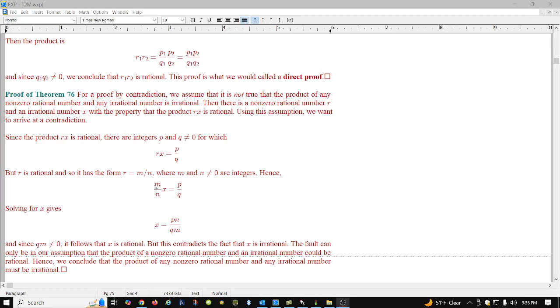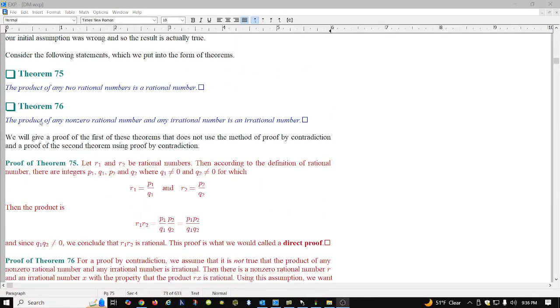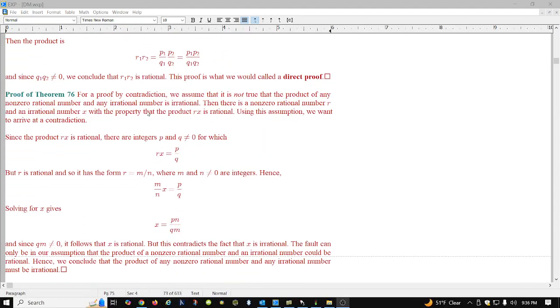Let's try a proof now by contradiction. The product of any non-zero rational number and any irrational number is irrational. So we assume that that is not true. That means there's a non-zero rational number r and an irrational number x for which the product rx is rational.